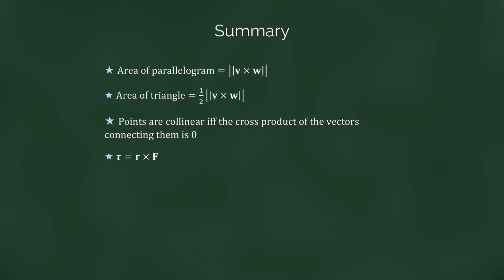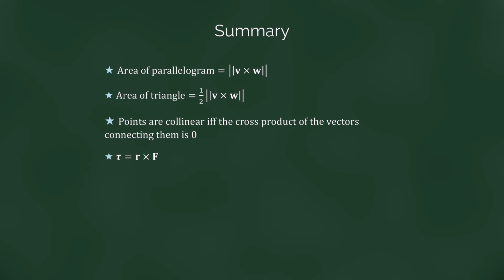All right, summarizing what we've seen here in terms of applications, we know that the area of a parallelogram can be found by taking the cross product of 2 vectors that form its sides. Similarly, the area of a triangle is going to be 1/2 times the cross product of vectors that form 2 of its sides. We saw that we can determine if points are collinear by checking their cross product.